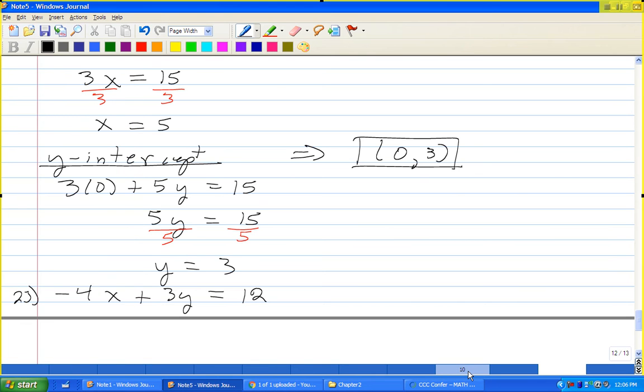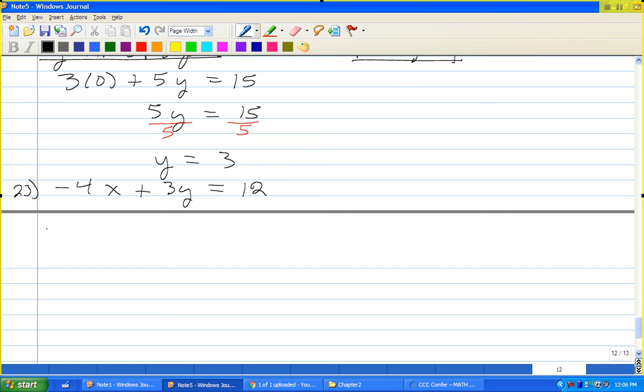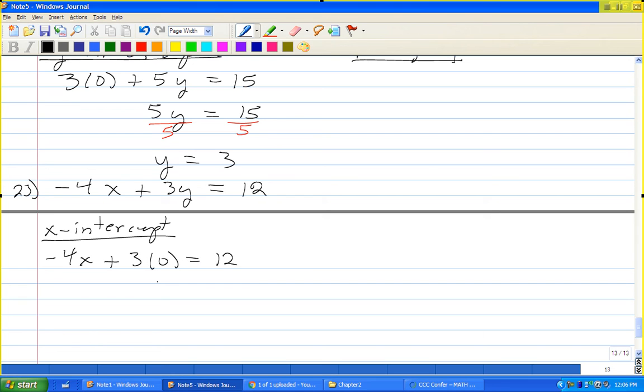Okay, let me do problem 23. So let's find the x-intercept. Set y to 0, solve for x. 3 times 0 is 0.